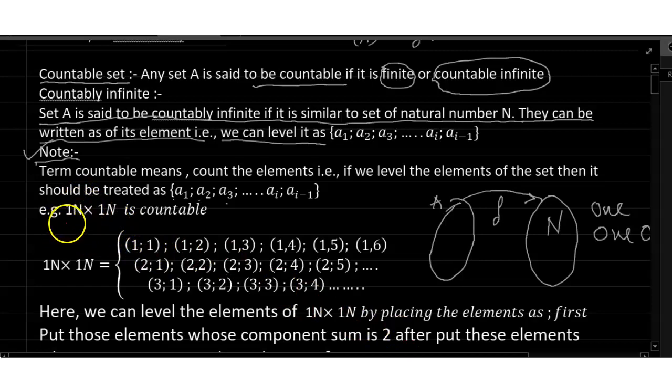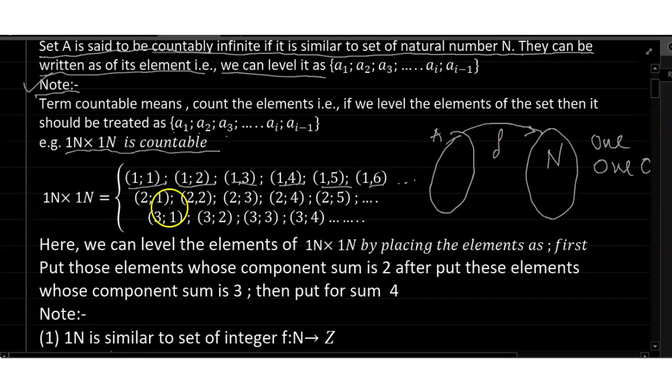Let's see one example. N cross N is countable. How? Because I can arrange N cross N as (1,1), (1,2), (1,3), (1,4), (1,5), (1,6), up to any value, and after that (2,1), (2,2), (2,3), (2,4), (2,5), (3,1).